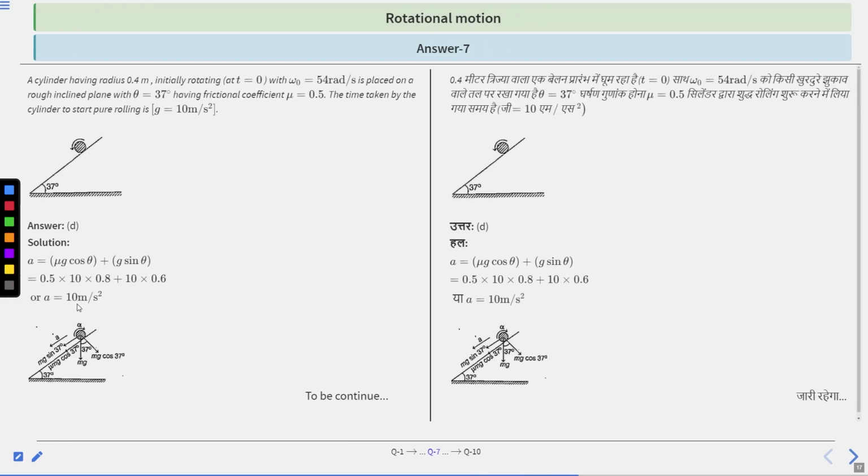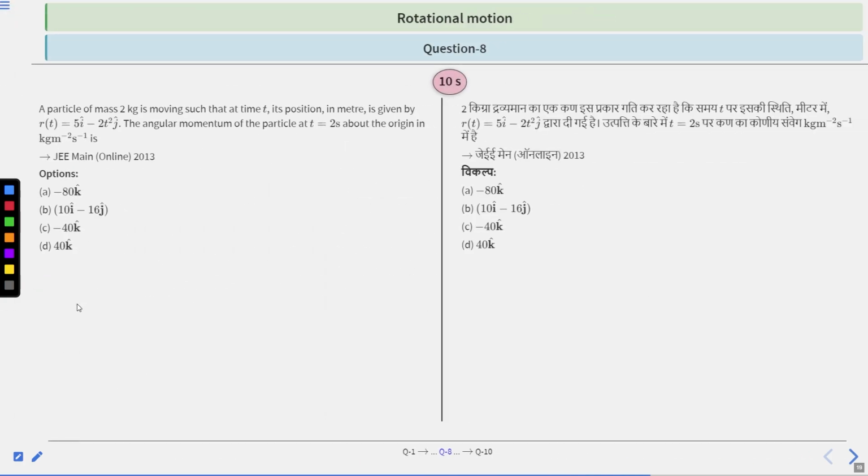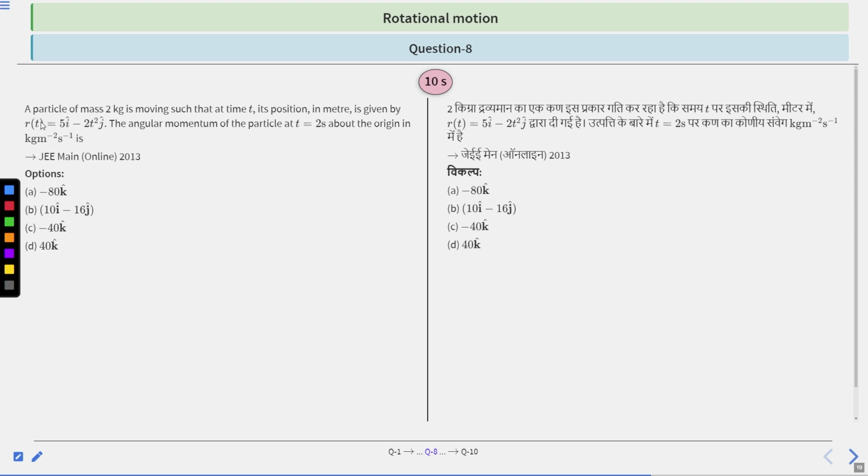Next question. Question 8. A particle of mass 2 kg is moving such that at time t, its position in meters is given by r of t equal to 5 i cap minus 2 t square j cap. The angular momentum of the particle at t equal to 2 second about the origin in kg meter square per second is what?